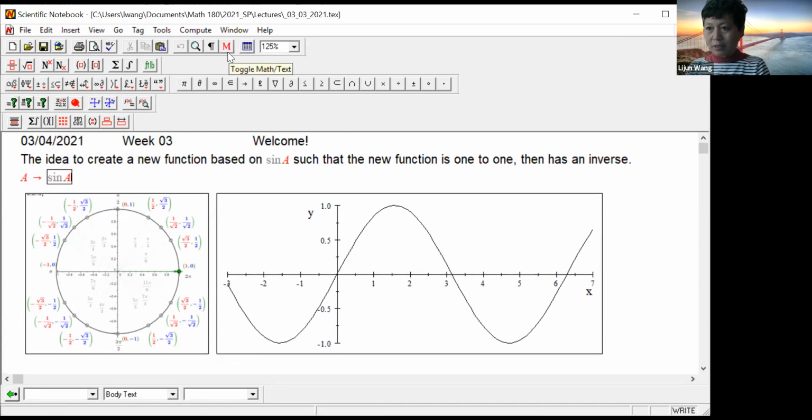I've been emphasizing since the beginning that sine takes the input of angles. So what does it produce? It produces a ratio. And this ratio is called sine.